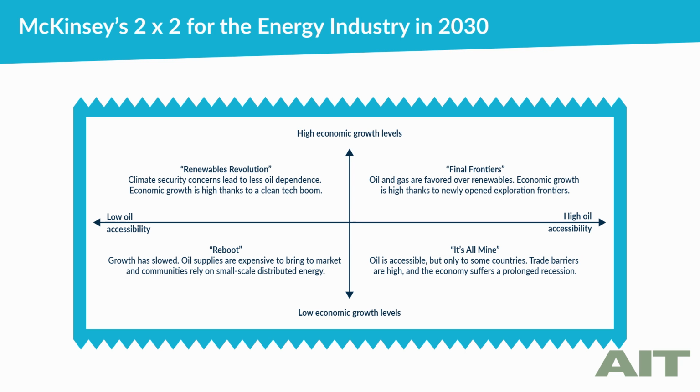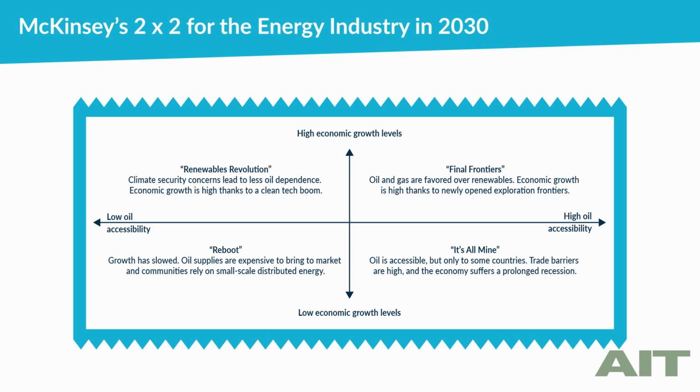They say that in times of high economic growth but low access to oil, the only choice is to have more renewable energy. So they call this the Renewables Revolution. In a world of high economic growth and high access to oil, they call this the Final Frontiers, where oil and gas continue to dominate over renewable energy.